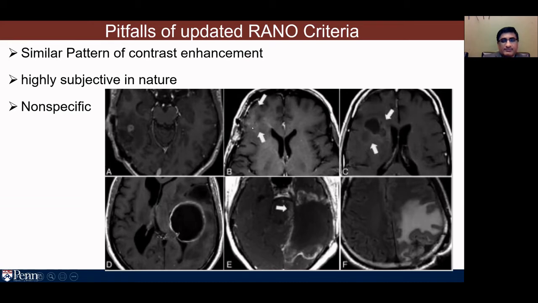And again, if the tumor is irregular in shape and has ill-defined margins, then again it's very difficult to determine the margins of the tumor, and it's difficult to determine the cross-sectional diameter. And if the tumor is also cystic in nature, in this case too, the updated RANO guidelines will not work.